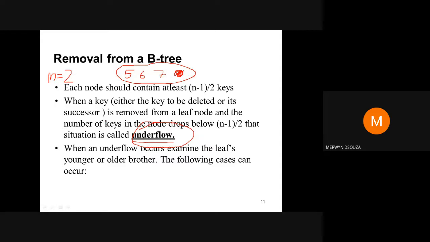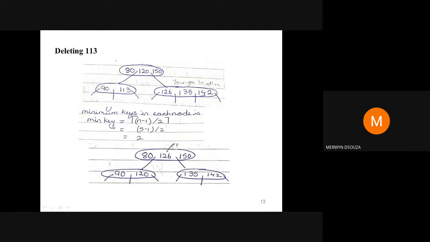So to know how you know underflow, first of all you have to calculate this minimum number of keys using this formula here. Okay. So the meaning of this symbol here is ceiling. So if you were to get a value something like 2.5, it would be rounded to the closest integer 3. Okay, I think I've told you this before.